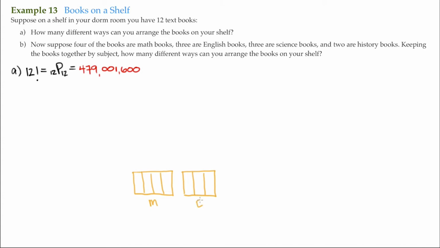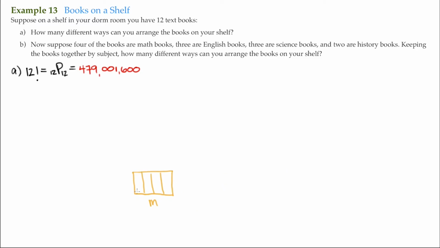I'll just make this an E for English books. Then we have 3 science books. 1, 2, 3. Here are the science books. And lastly, we have these 2 history books. So here's our history books.